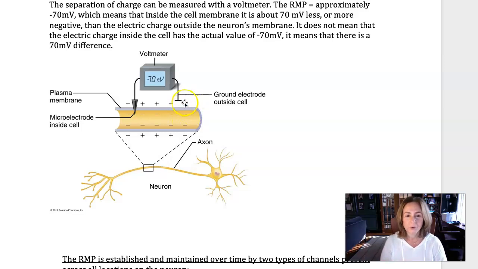This is the polarization, the polarized membrane, where positive charges are hovering on the outside of the membrane and negative charges are hovering on the inside. If you take a look at the extracellular fluid, it's electrically neutral. If we took a look at the cytoplasm, it's electrically neutral. But with this polarization, if you're familiar with chemistry and, say, the structure of water, the charge is being unequally shared.